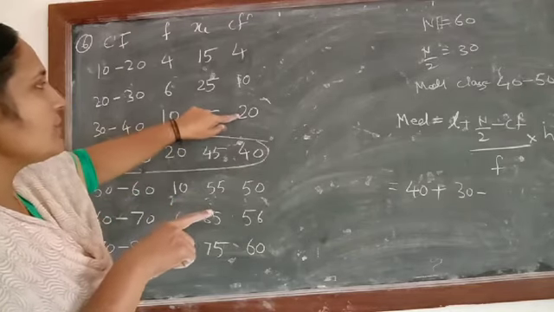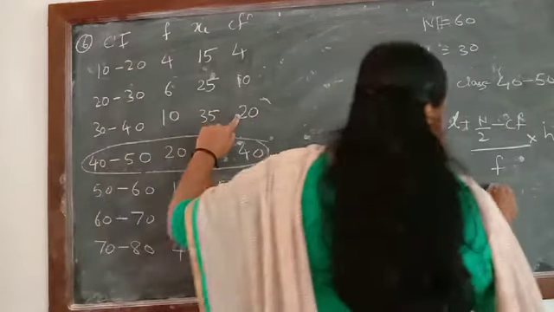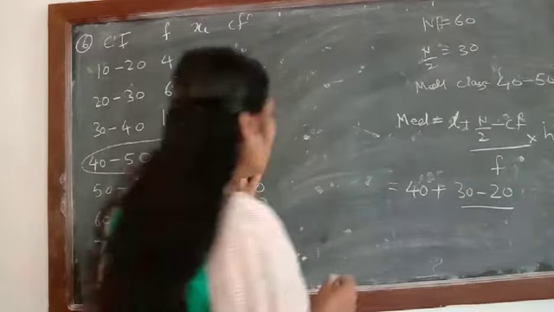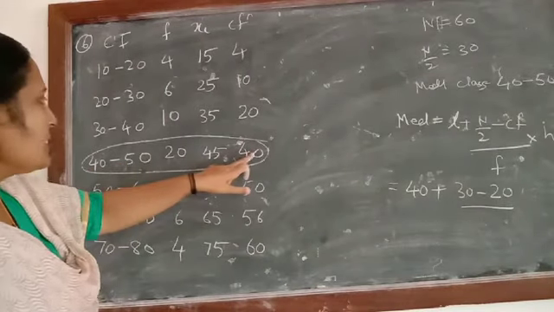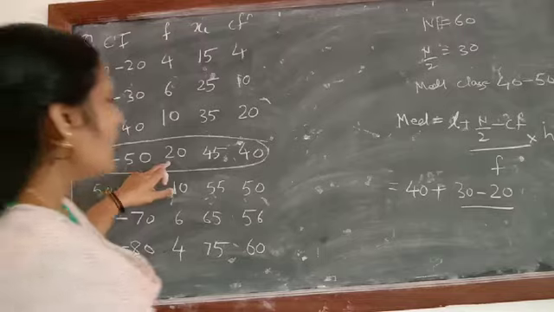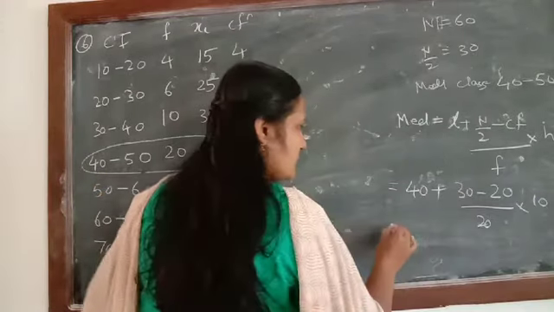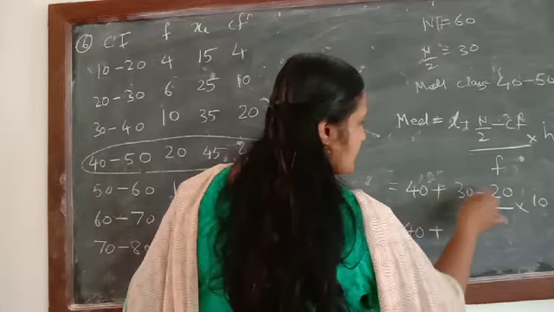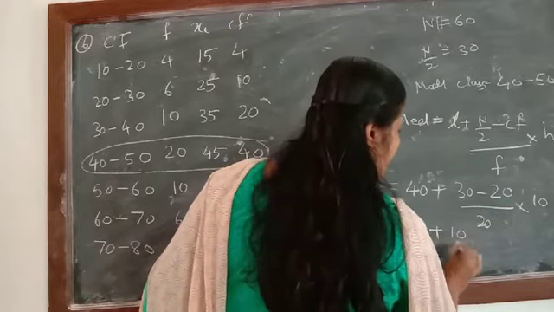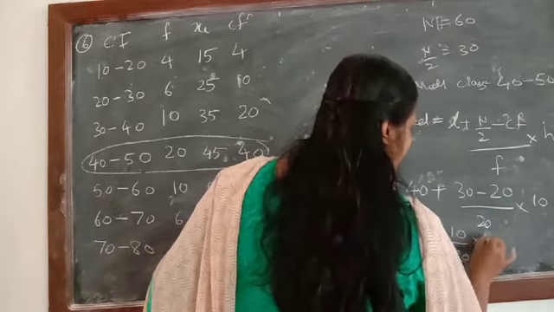So the cumulative frequency of the previous class is 20, by the frequency of the median class. What is the frequency here? We have 20, into H, that is equal to 10. So we will get 40 plus (30 minus 20 is 10) by 20 into 10.